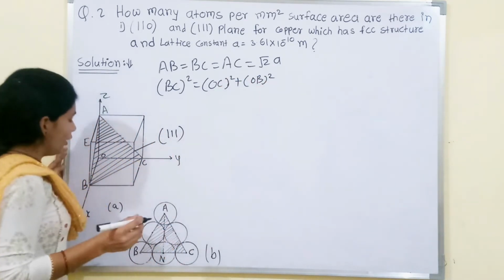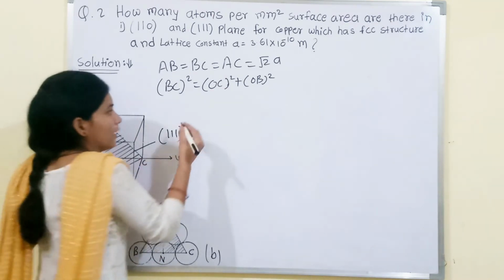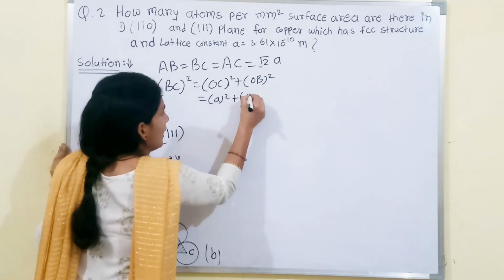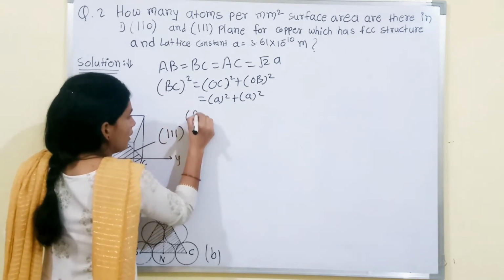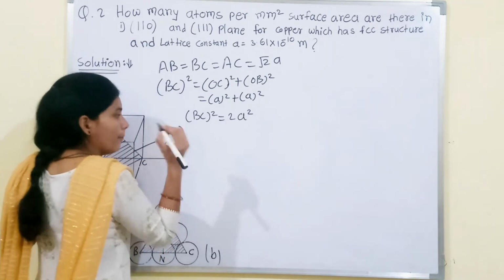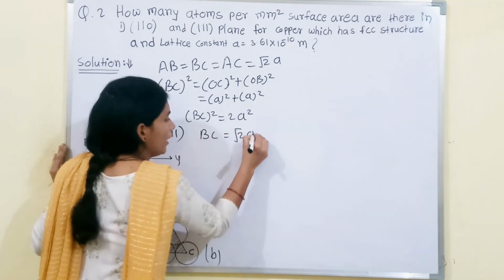We know that OC and OB are the edges of the unit cell, so we can simply write A square plus A square. Now BC square is equal to 2A square, but we want to calculate BC, so BC is root 2A.